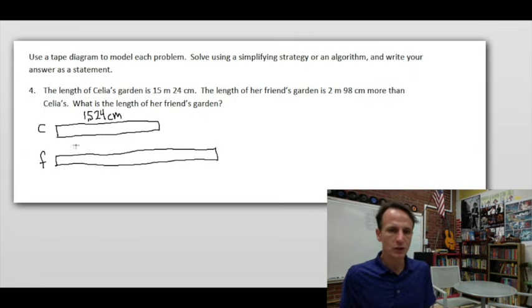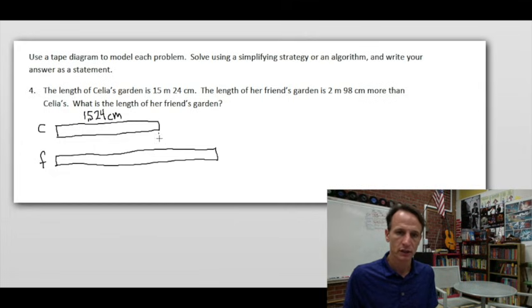So we don't know how much the whole thing is, but we do know this part, right? I can even put a little dotted line down through here. I know that this part, how much more it is, is 2 meters, 98 centimeters.